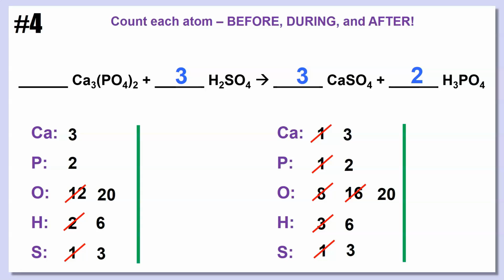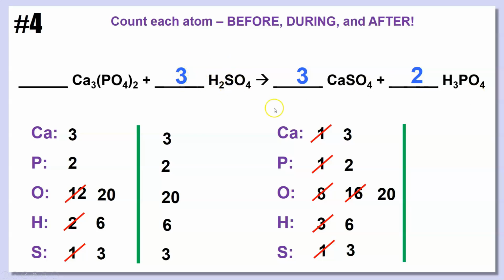I'm going to draw my lines. Okay, 3 calciums. I got 2 phosphorus. 4 times 2 plus 3 times 4. That's going to add up to 20. 3 times 2 is 6. I got 3 sulfurs.